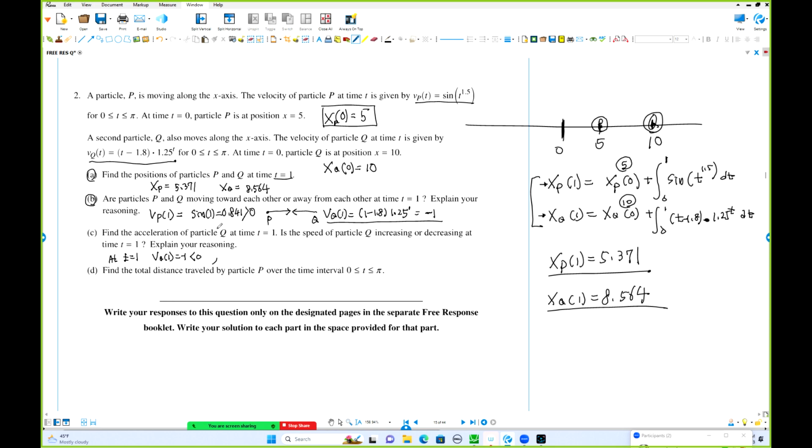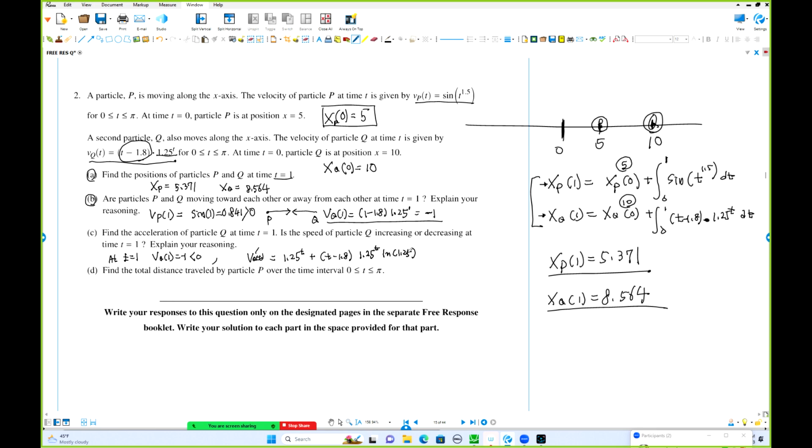Now we're going to find the acceleration. Acceleration is the derivative of this one. The first derivative: t is 1, 1.8 is constant, so 1 times 1.25^t, plus the first one don't touch, t minus 1.8, and the derivative of 1.25^t is exponential, right? 1.25^t, but we multiply by ln 1.25.